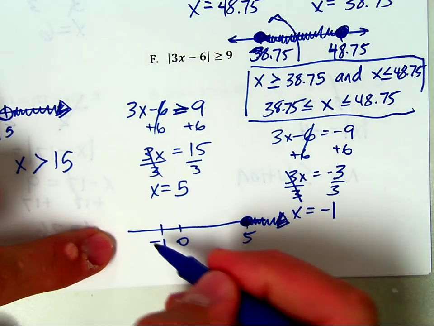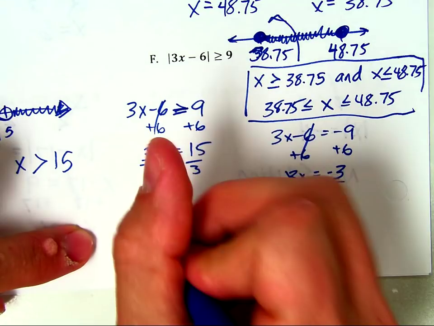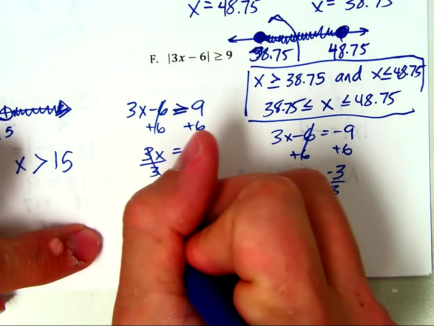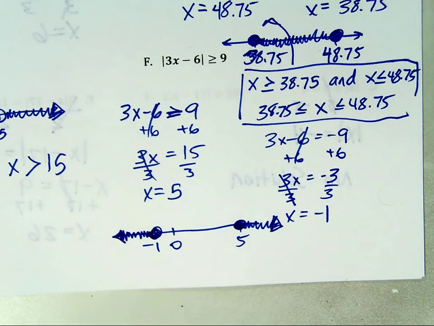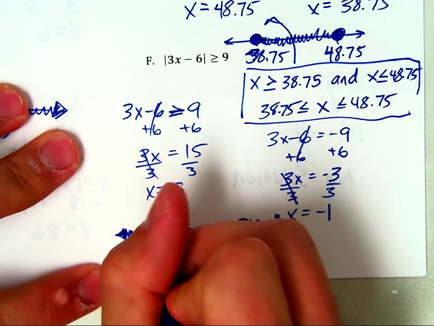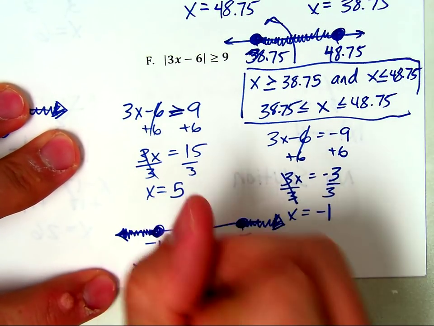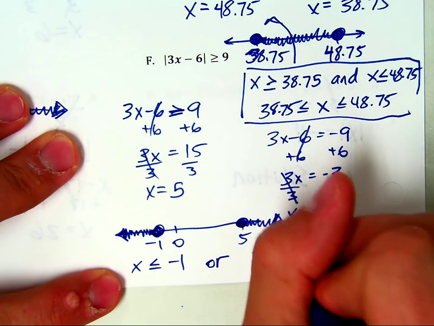When we go to the left, the absolute value of the numbers are getting bigger, so we are going to go left. So the absolute value of 3x minus 6 is greater than or equal to 9. We can write our answer as x is less than or equal to negative 1, or x is greater than or equal to 5.